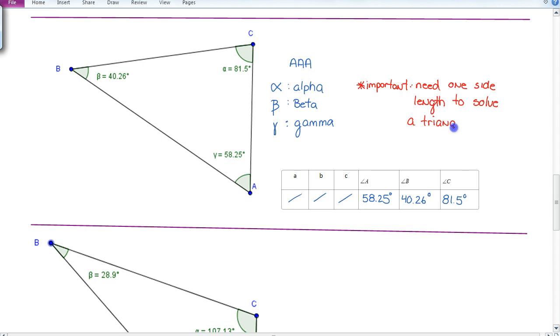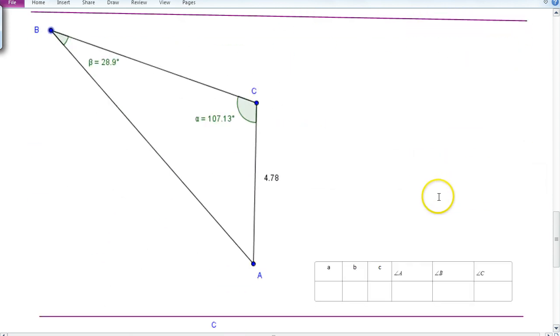If you don't have at least one side length, you can't solve the triangle. Now, it's an important thing to note here. You need one side length to solve a triangle plus some other information.